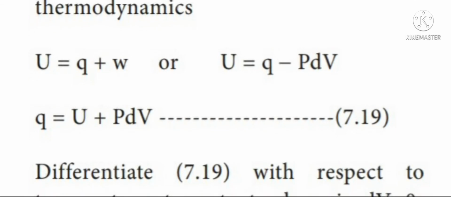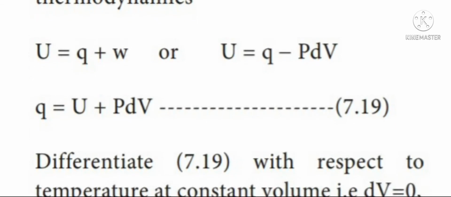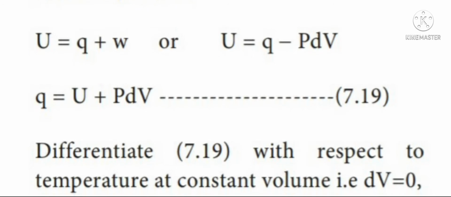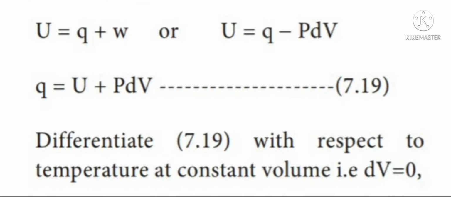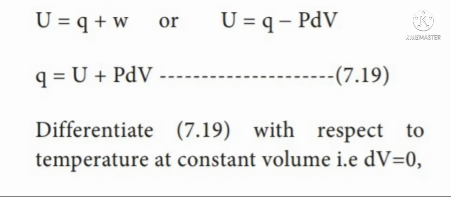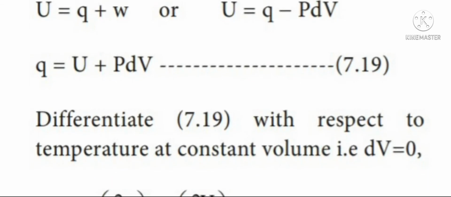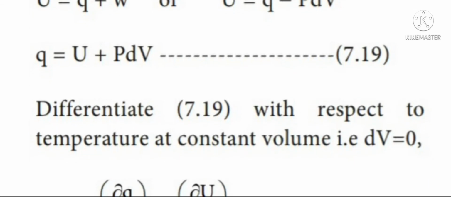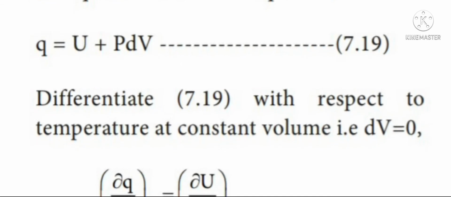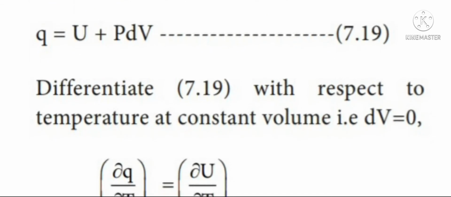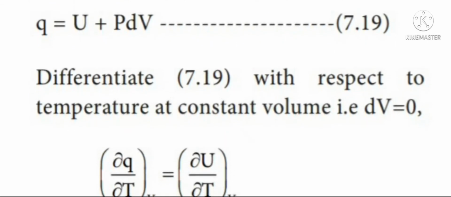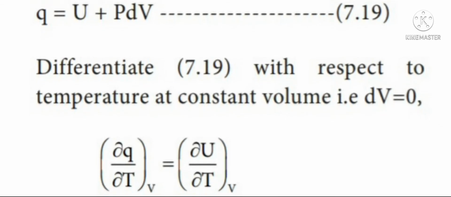After rearranging, we will get Q equal to U plus P dV. It is given by equation 7.19. Differentiate equation 7.19 with respect to temperature at constant volume, that is dV equal to 0.